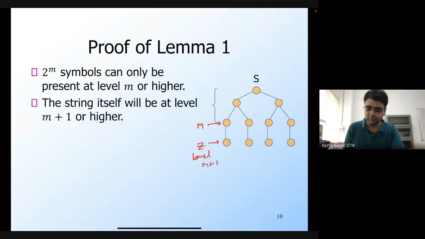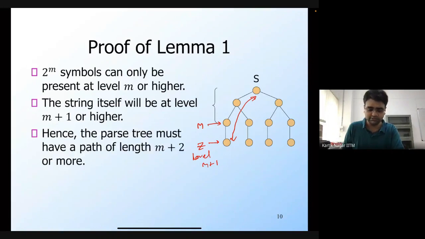Which means that if you look at the number of nodes present on a path from the root node to the leaf node, then you're going to have m plus 2 such nodes. So the parse tree must have a path of length at least m plus 2 or more.